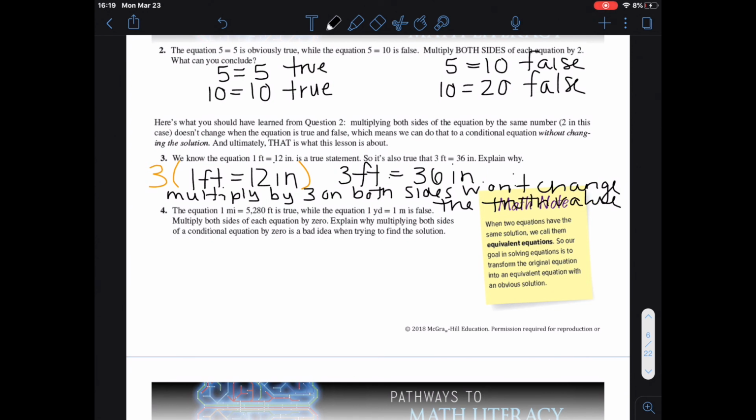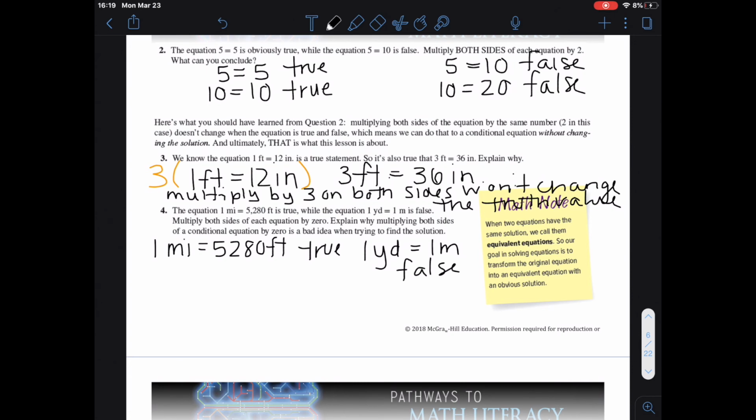Now, however, if we do multiply by 0, you can cause a bit of an issue. So let's start with 2 statements. We've got 1 mile is 5,280 feet. That's a true statement. And we've got 1 yard equals 1 meter, which is definitely going to be false. So we're starting over here with true, and over here with false.